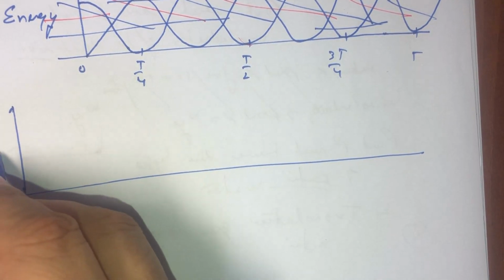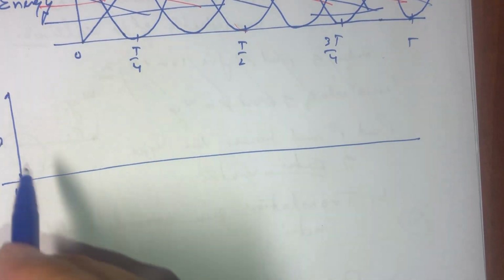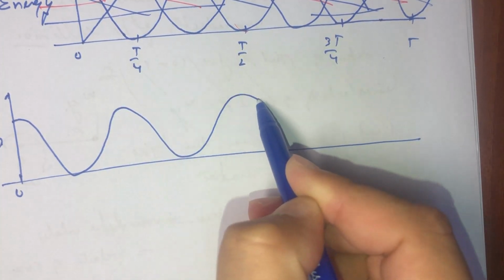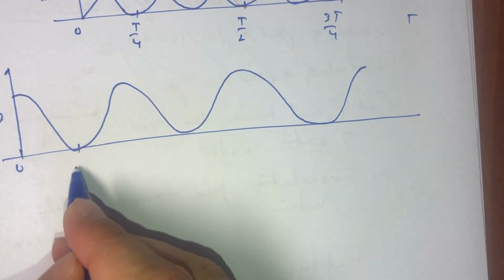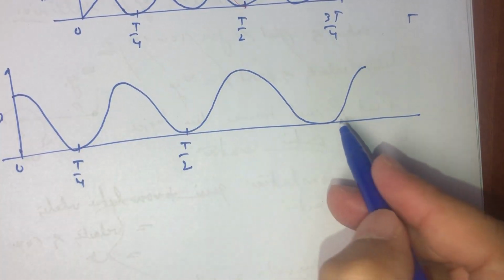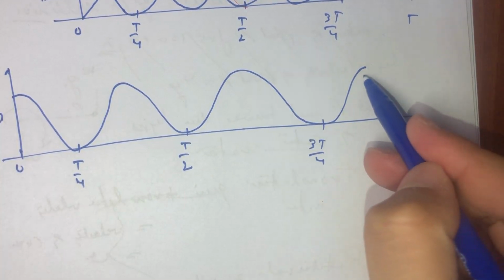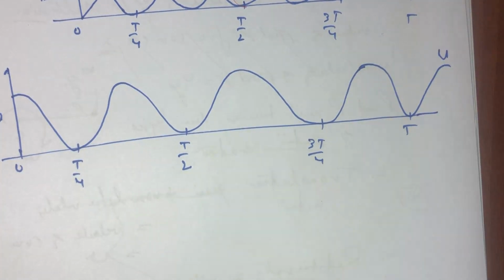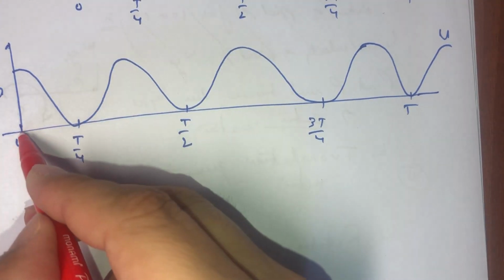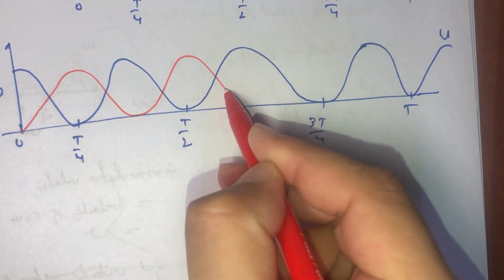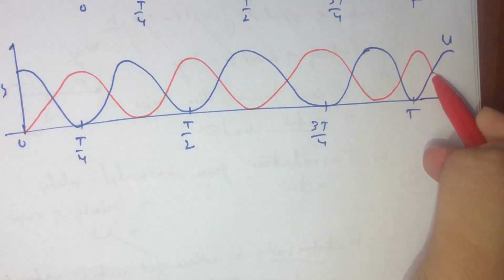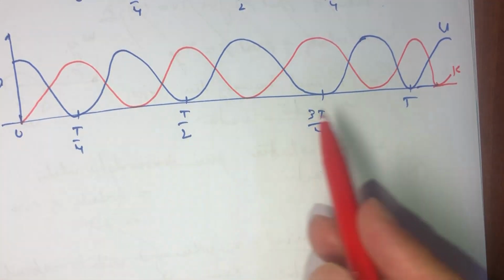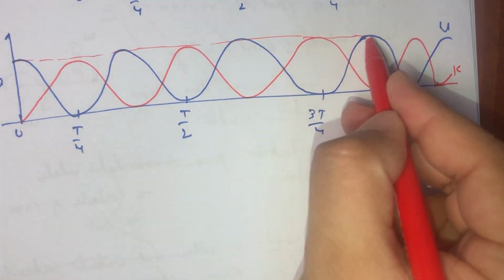So this is our energy, and we are starting with U, and this will be our T by 4, and we have this as T by 2, this will be 3T by 4, and this will be our T. So this is the graph for our U, and we start now with K, and this is our K. So this is our energy in terms of U and K, and the total energy will be represented by this.